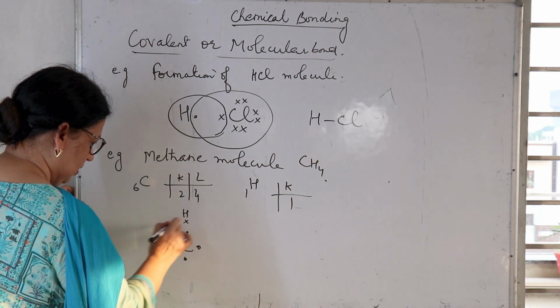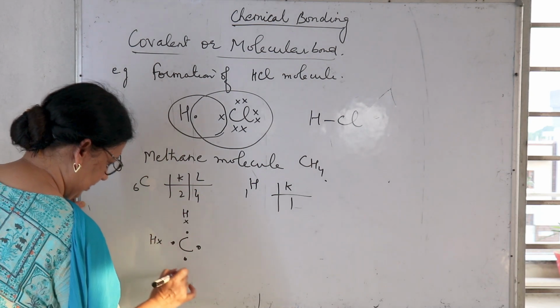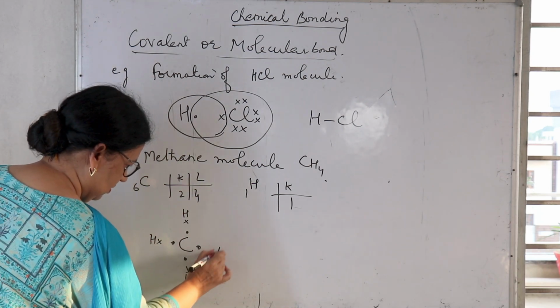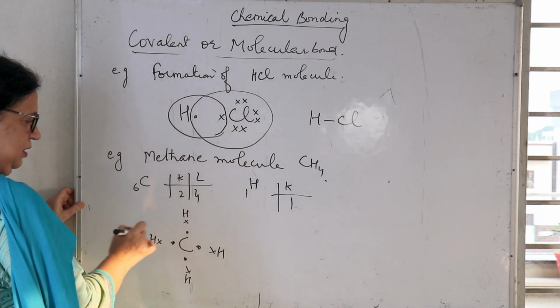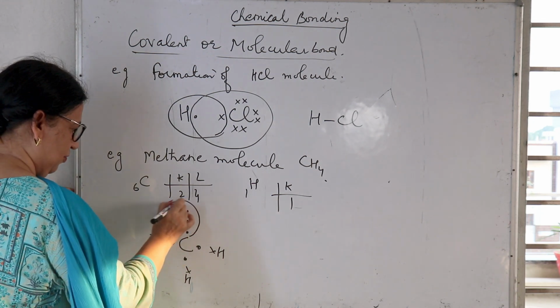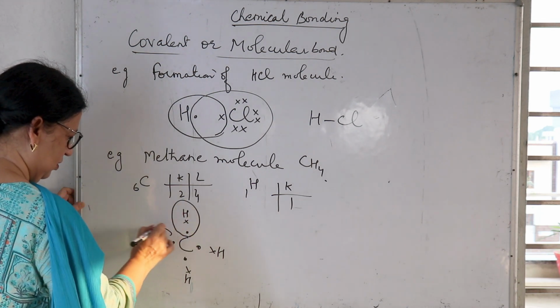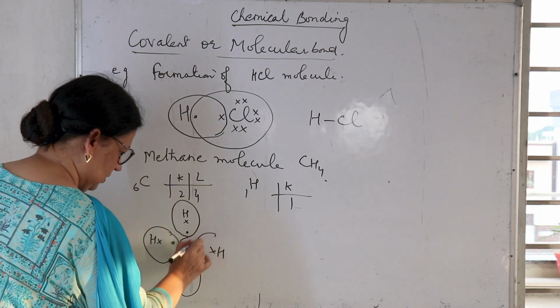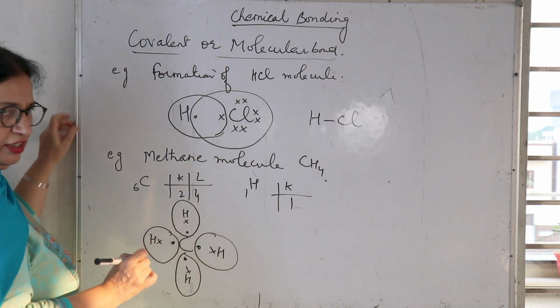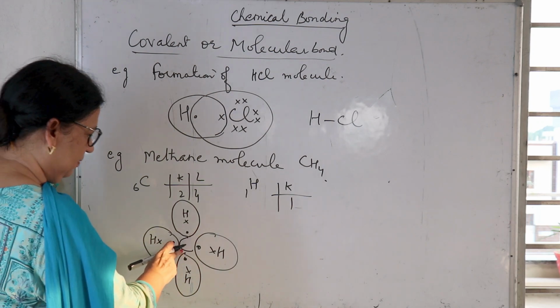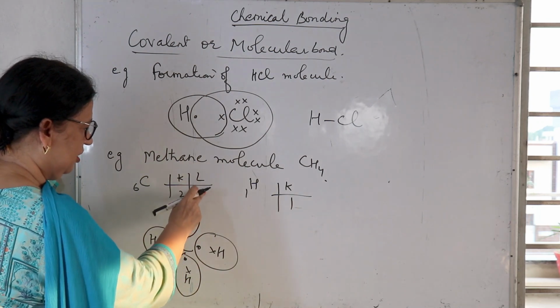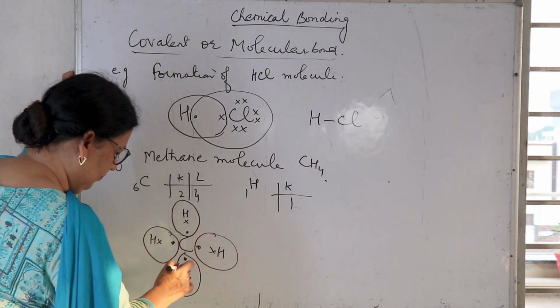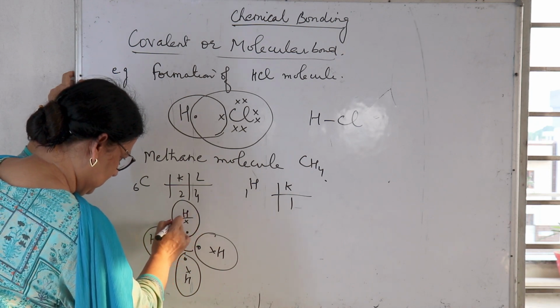So hydrogen add, complete the shell of hydrogen, K shell of each hydrogen. So this is K shell of each hydrogen is complete. Let us complete the L shell of carbon with the 8 electrons.